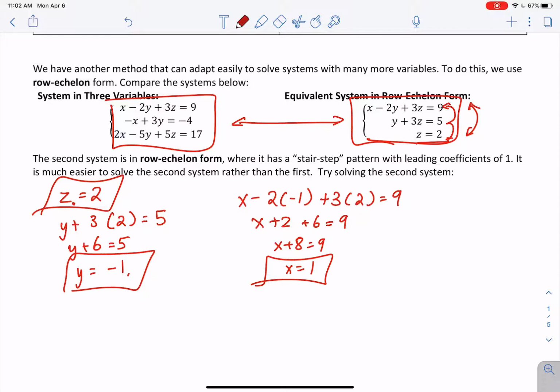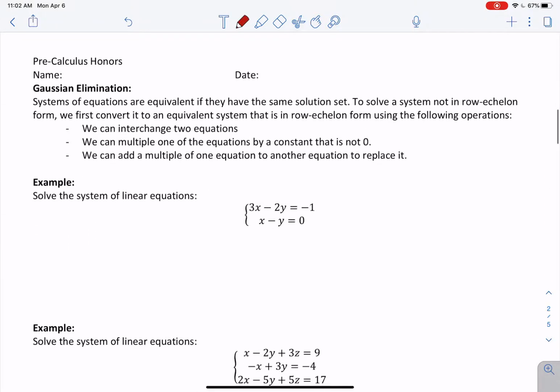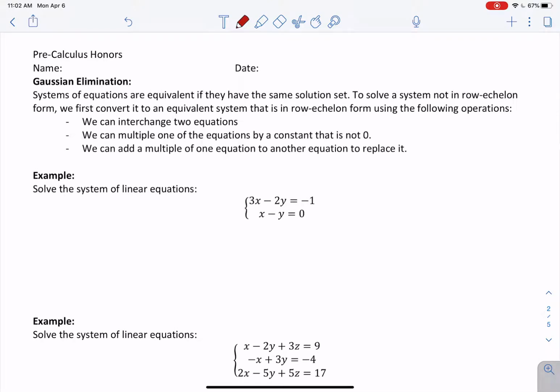The method to make it row echelon form is called Gaussian elimination. As long as we get equivalent systems, right? Systems are equivalent if they have the same solution set. We're going to take a system and rewrite it a different way.